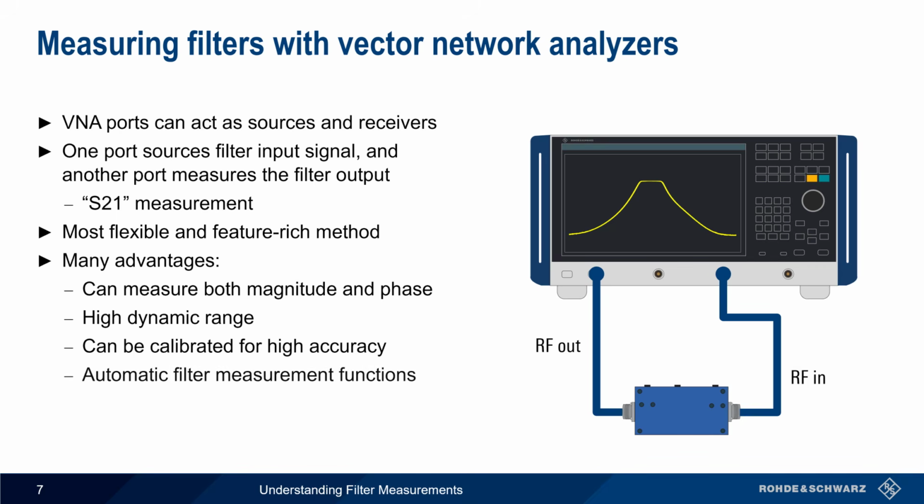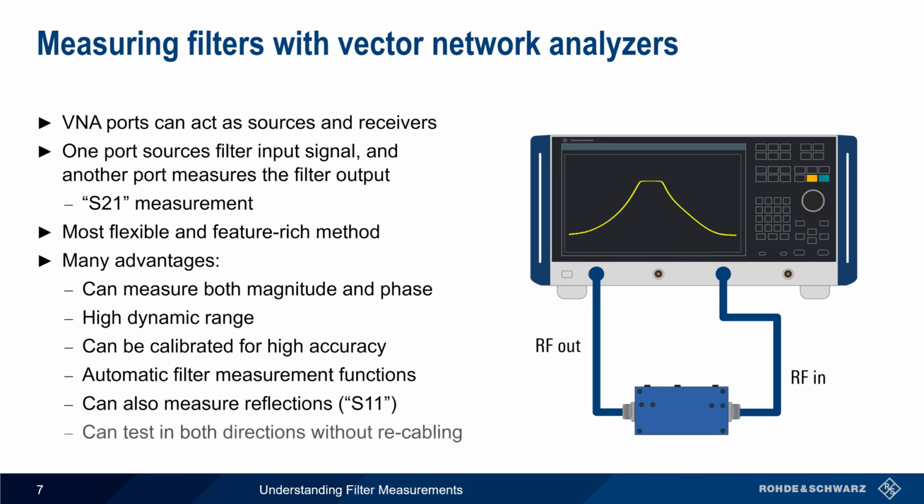Many VNAs also have automated filter measurement functions, for example, determining the center frequency, bandwidth, etc., of a bandpass filter. And since VNA ports can source and measure signals simultaneously, they can measure the signal reflected from the filter input, as well as measure in both directions without requiring the test setup to be recabled.